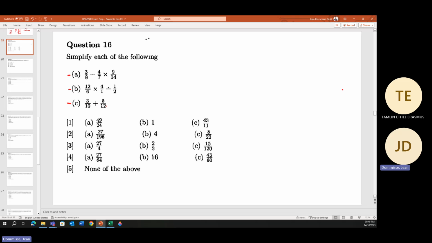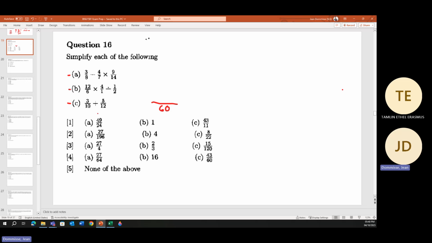So basically, when we look at this, we can see that we need to get a common denominator. On the one hand, we've got 10. On the other hand, we've got 12. So probably the best one is 60.